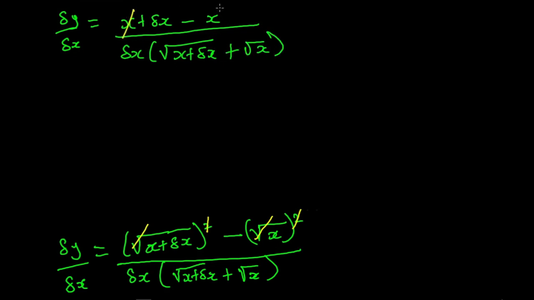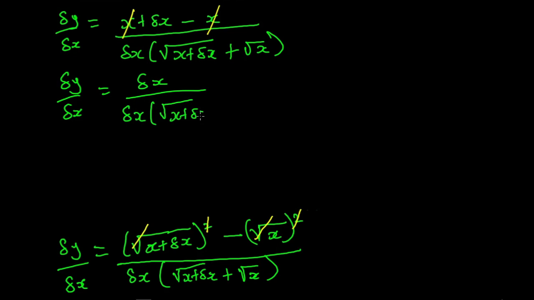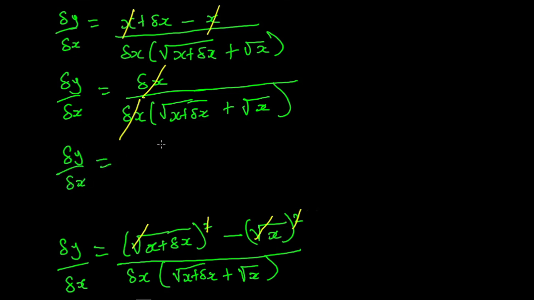So this is going to cancel out this x minus x, so we'll be left with delta y over delta x to be equal to delta x all over delta x into the square root of x plus delta x, then plus the square root of x. So this is going to cancel this also. Therefore, we'll be left with delta y over delta x is equal to 1 over the square root of x plus delta x plus the square root of x.